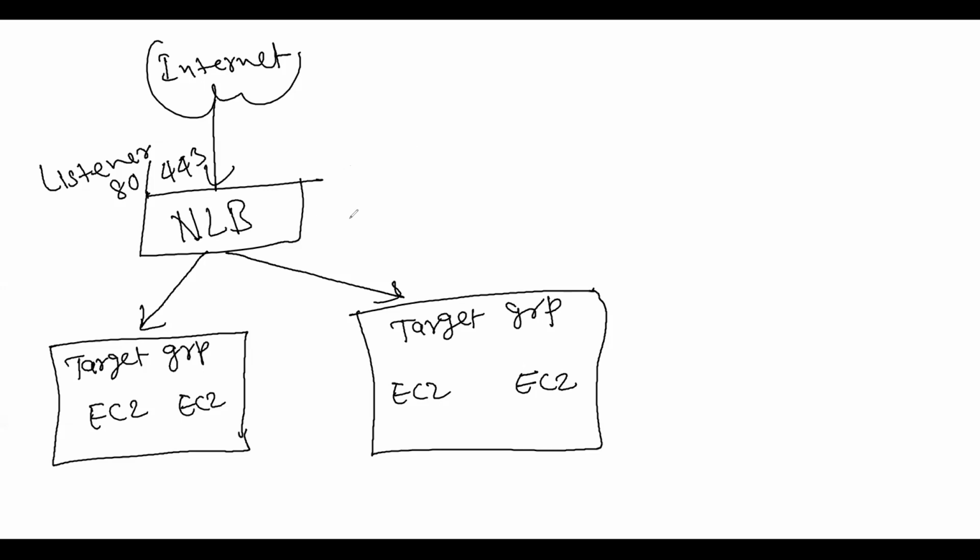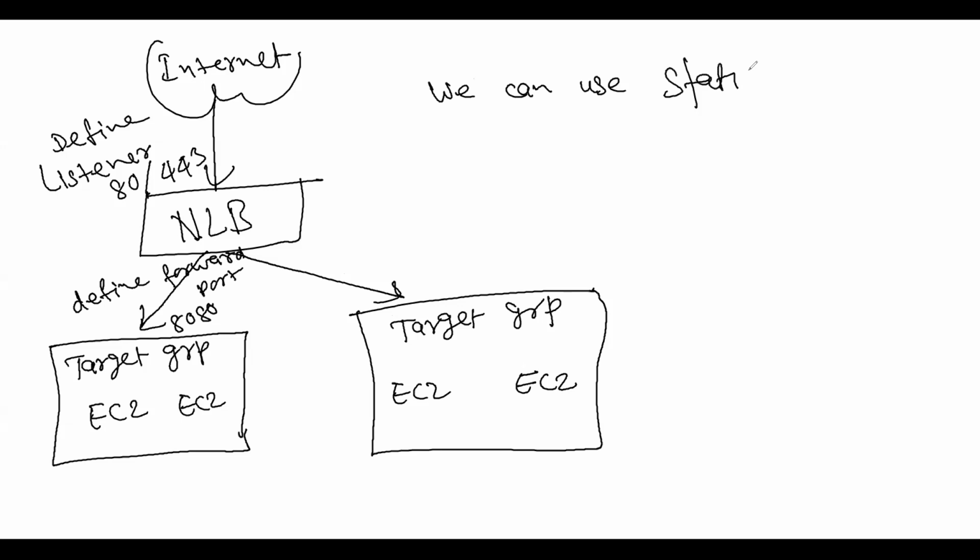We can create network load balancer also, just like how we created application load balancer. Here also define a listener on port 80 or 443, right? You have NLB and you have target group, and here you just define forward port, for example, 8080.